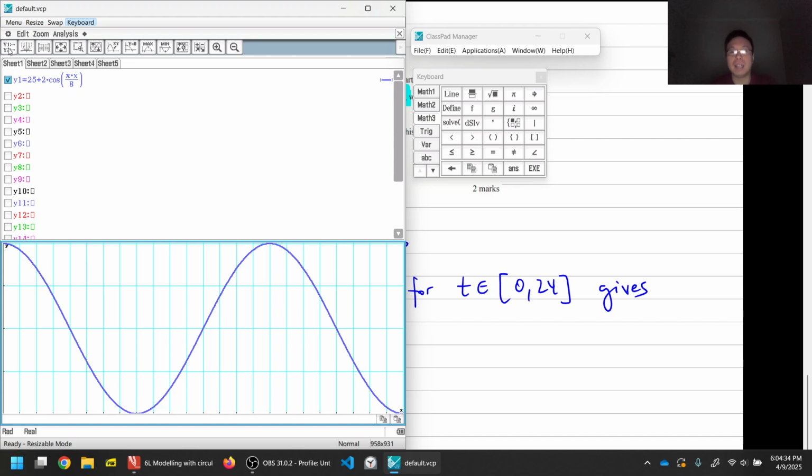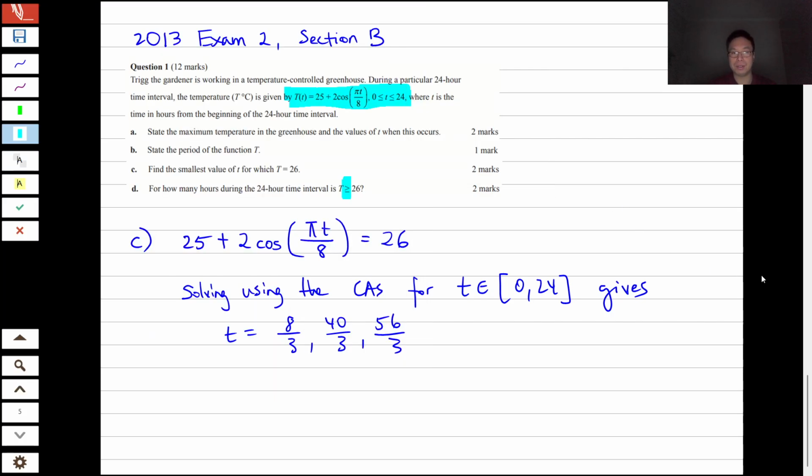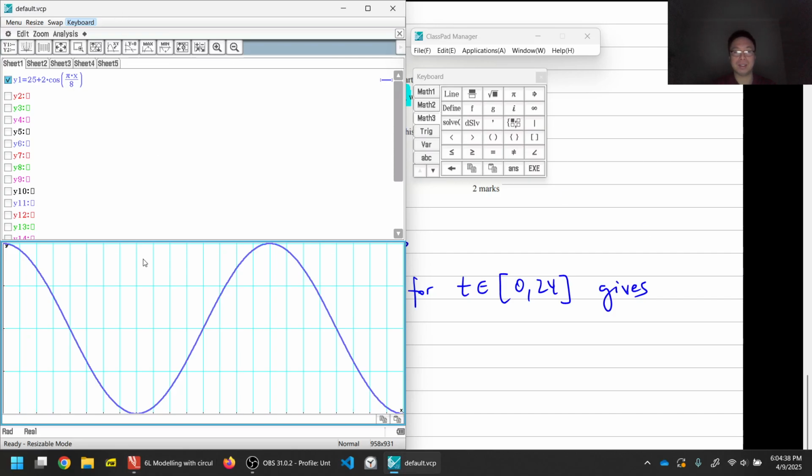Okay, now we want values that are 26. So here we can go to analysis, gsolve, x calculation, and enter an x calculation with a y value of 26. And you can see 2.6667 tells me that this is 8 on 3 here.